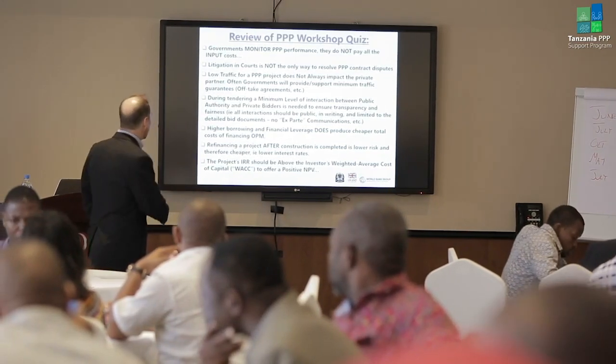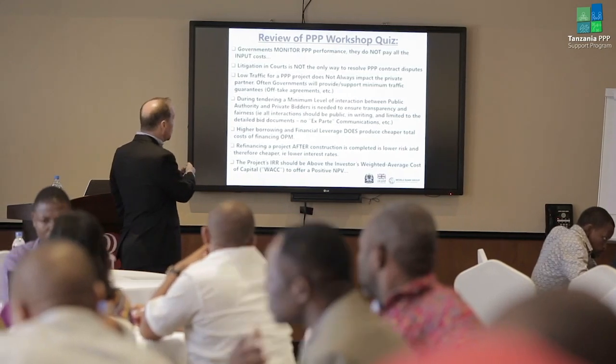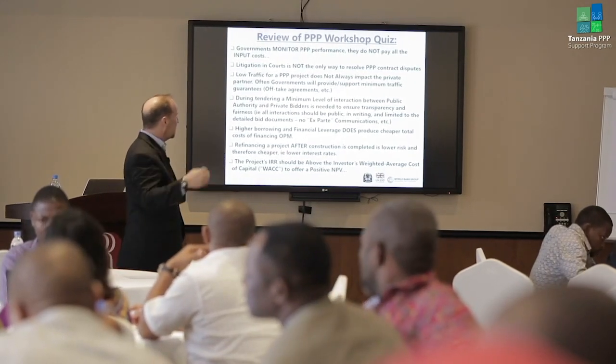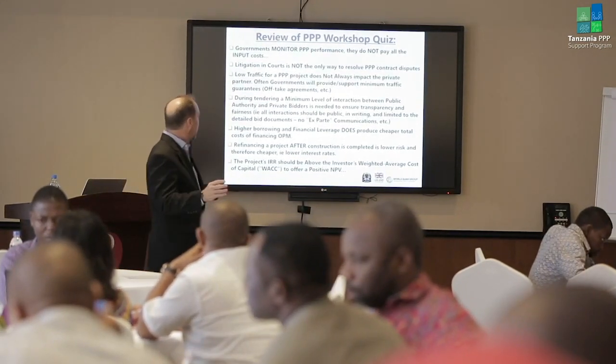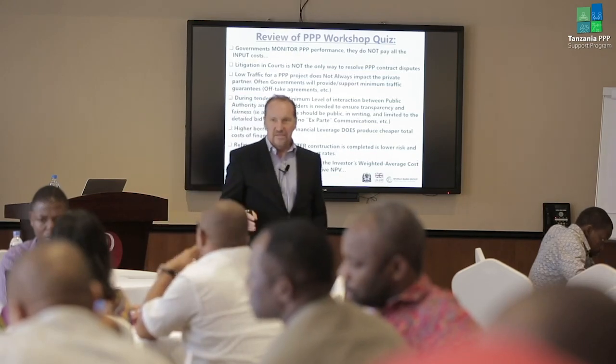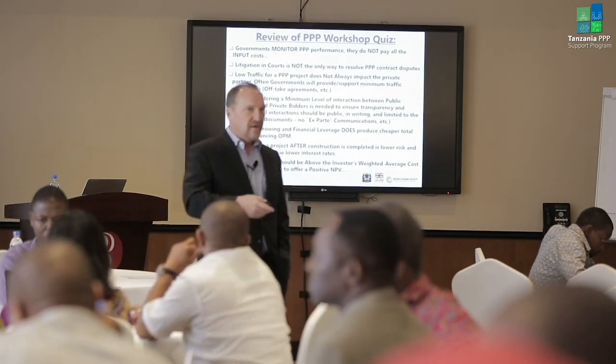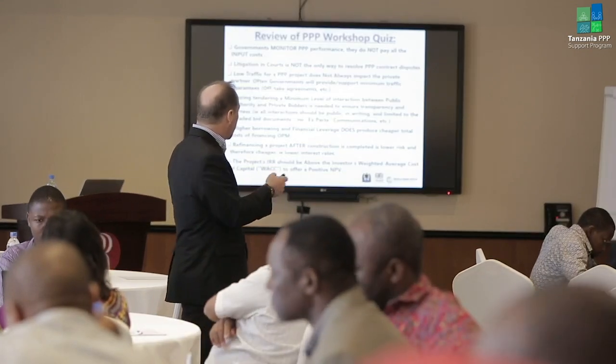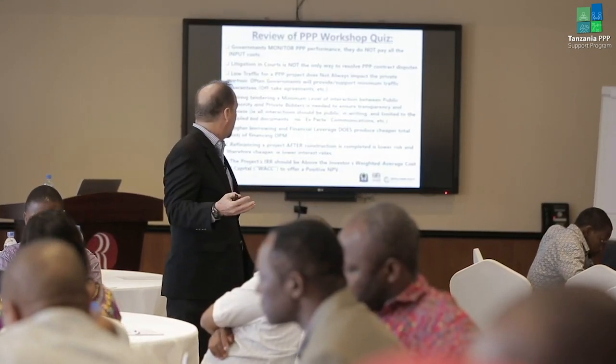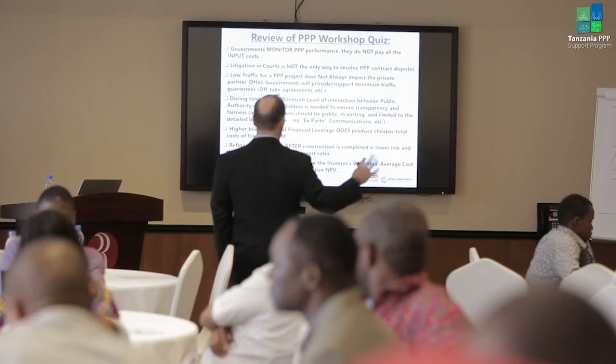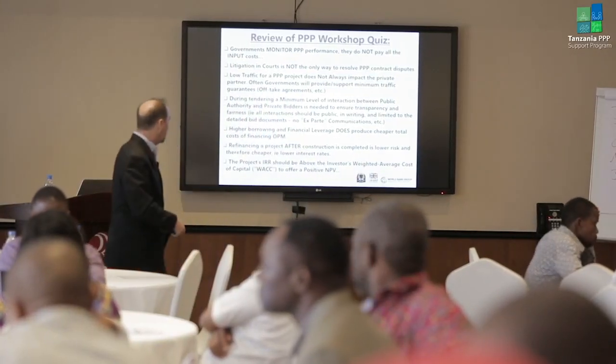Okay, that's pretty obvious. Third, low traffic for a PPP project does not always impact the private partner. You'll see a question on this. Often governments will provide minimum traffic guarantees. So just because there is low demand doesn't necessarily mean it affects the private partner. It depends how the risks are allocated.